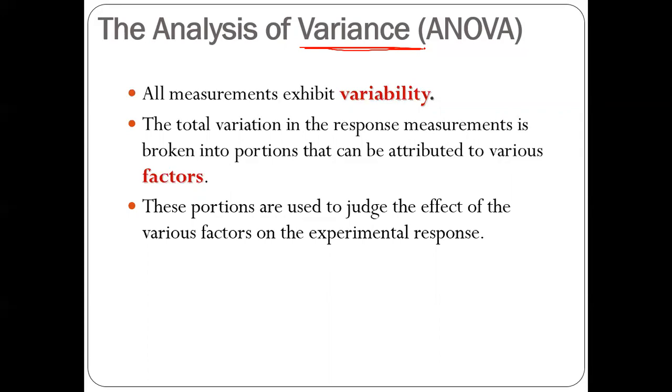Now, what is the analysis of variance, or ANOVA? Analysis of variance is an analysis tool used in statistics that splits the observations on the variability inside the data set.